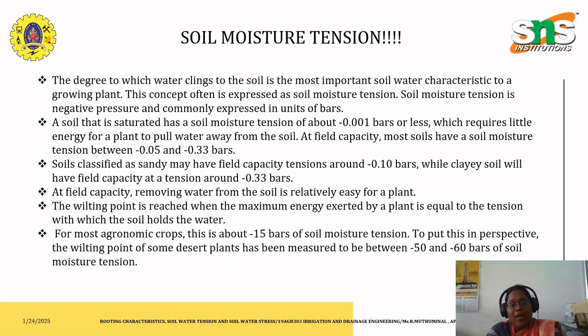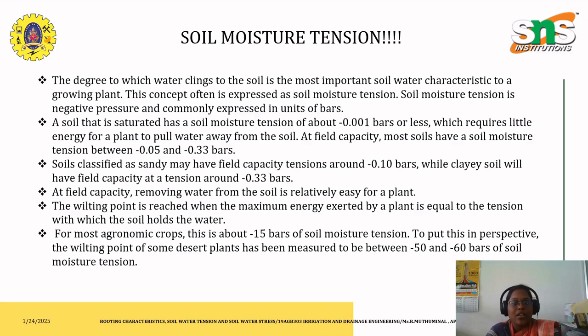Next, you have to know about soil moisture tension. The degree to which the water clings to the soil is the most important soil water characteristic to a growing plant. This concept is often expressed as soil moisture tension. A soil that is saturated has a soil moisture tension of about minus 0.001 bars or less, which requires little energy for a plant to pull water away from the soil.